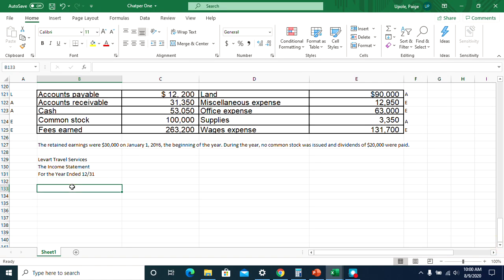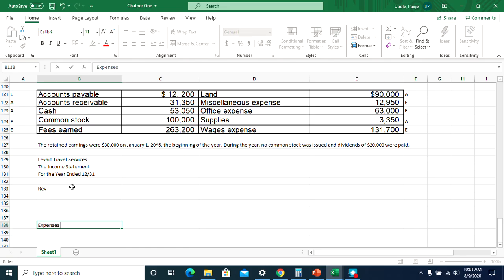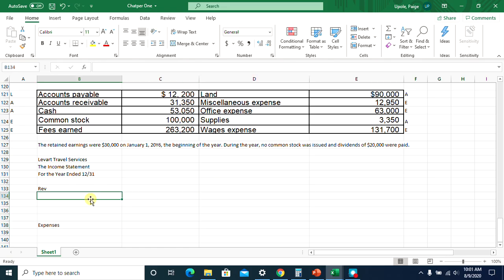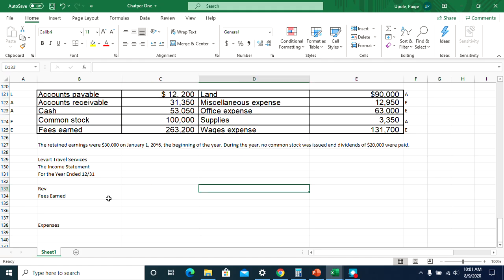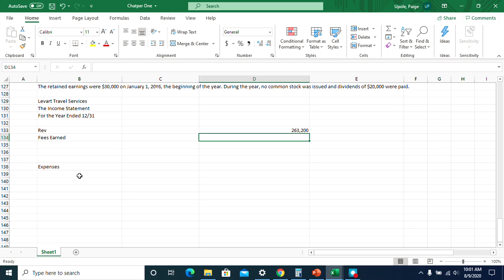So remember, our income statement is our revenues minus our expenses. So let's go ahead and identify any revenues here. These are assets and liabilities, fees earned. Looks like our only revenue are fees earned. So I'll go ahead and type that out, and I'm going to show them over here. And then which expenses do we have?